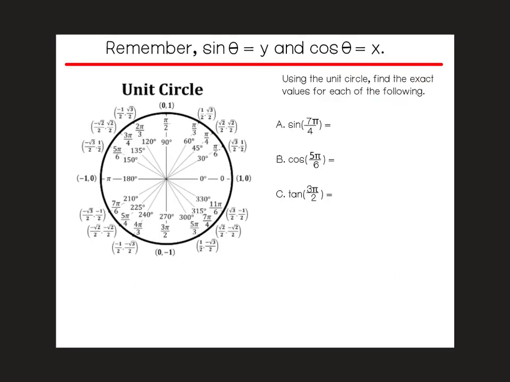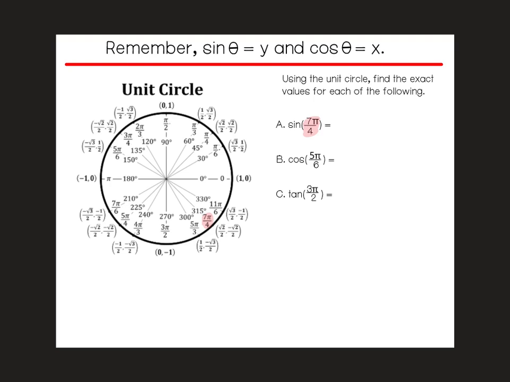Now we use the unit circle to find the exact values of each of these. The first part is that you're going to look here and go find it on the unit circle. I'm going to give you the unit circle. I'm not going to make you memorize it. If we have a test or something, it'll be on there for you. You just have to know how to use it. If I go find 7 pi over 4, can you see that it's right here?